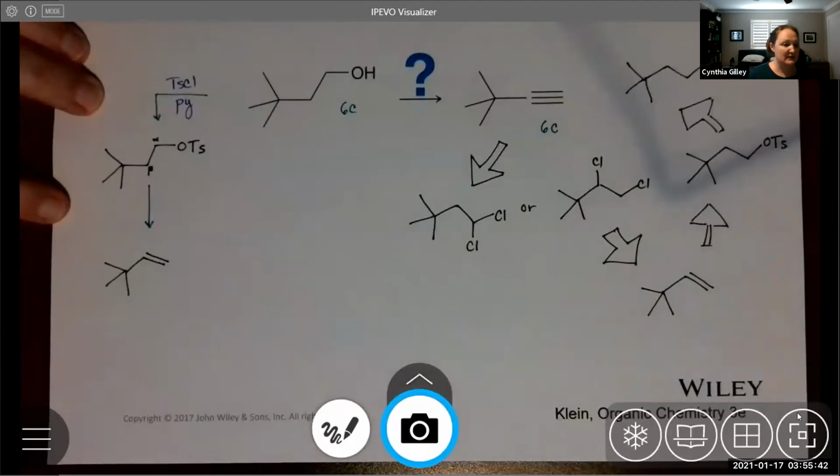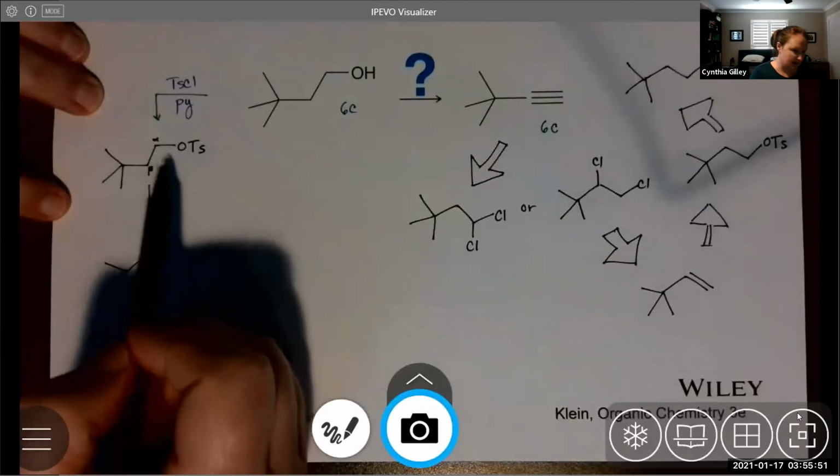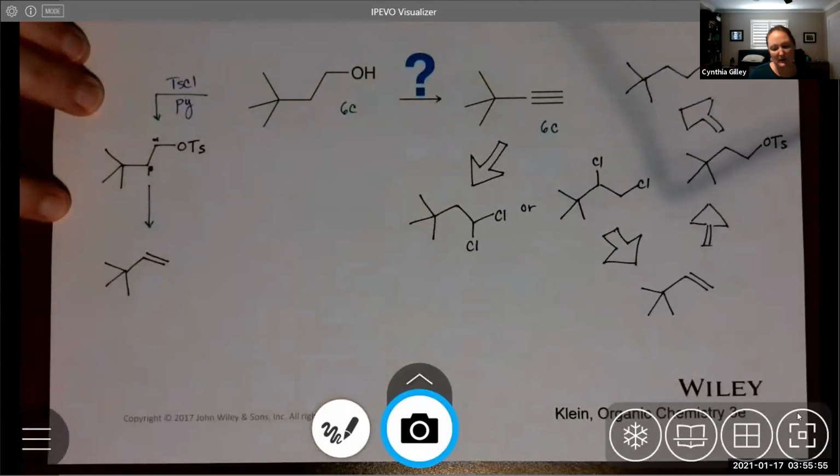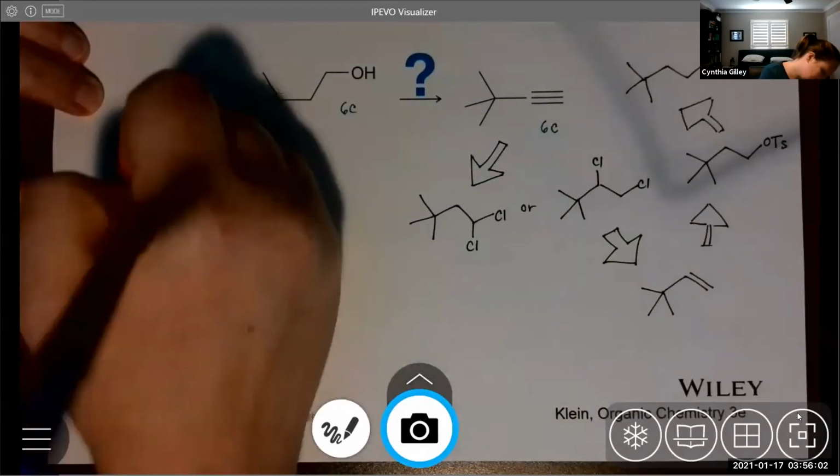But E2 means strong base. Only one beta carbon means I don't have to worry about bulky versus small strong base. But I think I'm going to use a bulky one, because this is a primary substrate, and if I use a small one, it might also act as a nucleophile and give me some SN2, which I don't want. So I'm going to use a bulky base.